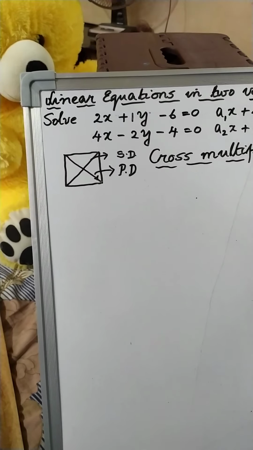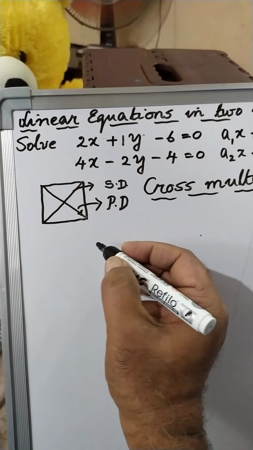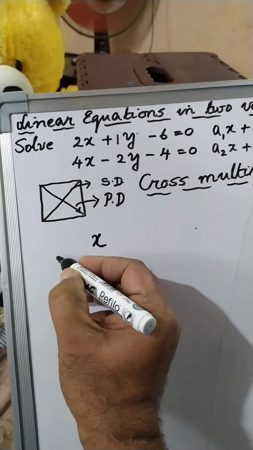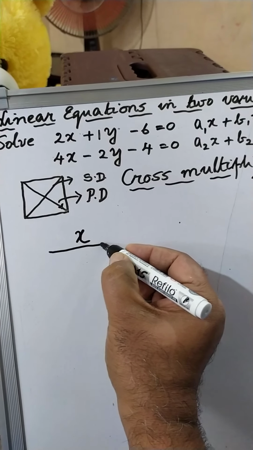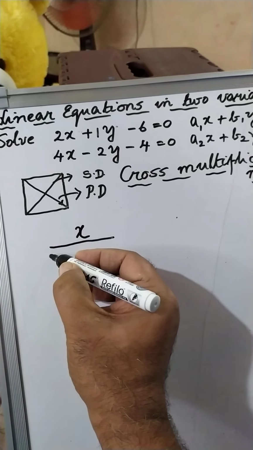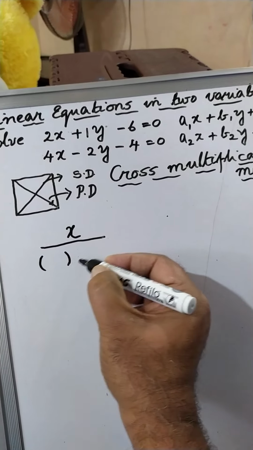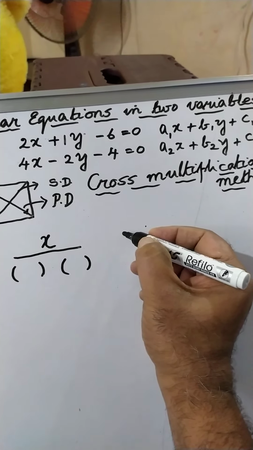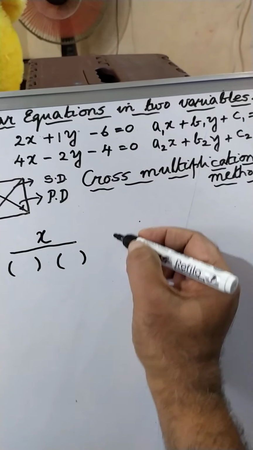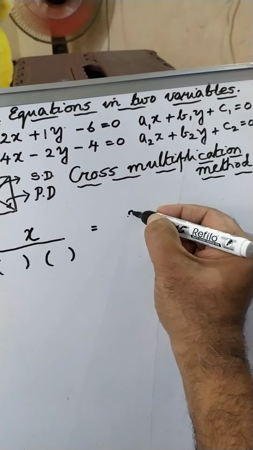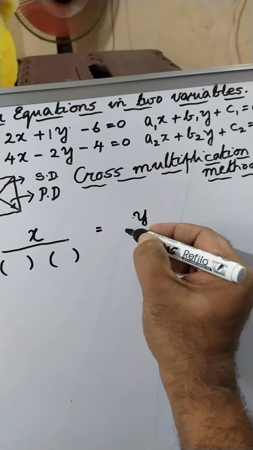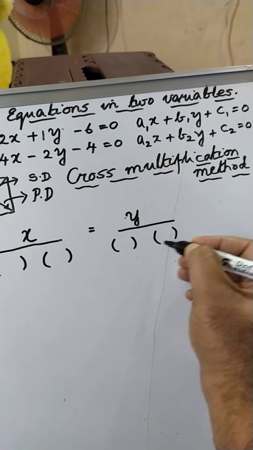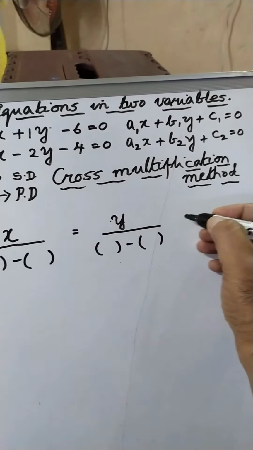Okay. Now, first I will write the first variable x, then I'll divide it by some value. What value? I'll tell you. This will be one fractional term. The second variable is y. That also is divided by a value. What value? I will tell you.